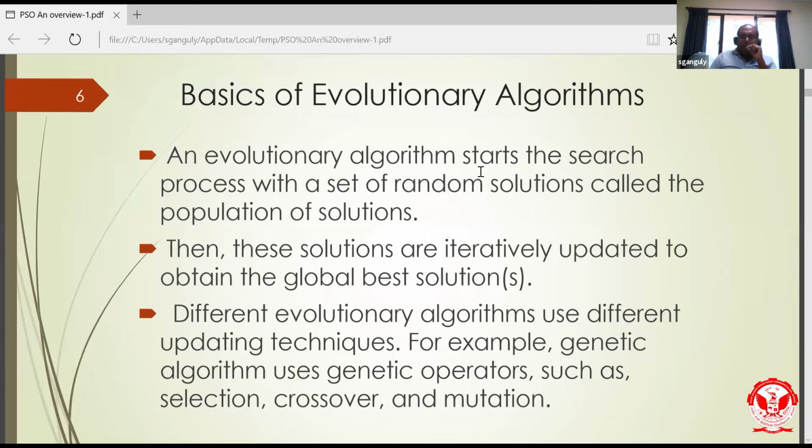On the contrary, these evolutionary algorithms start with multiple points. It is something like this. In the Himalaya range, you are not sure which one is the highest peak. You do not know that Mount Everest is the highest peak. Suppose you start finding out which one is the highest peak, and your intention is to climb the highest peak only, but you never know which one is Mount Everest.